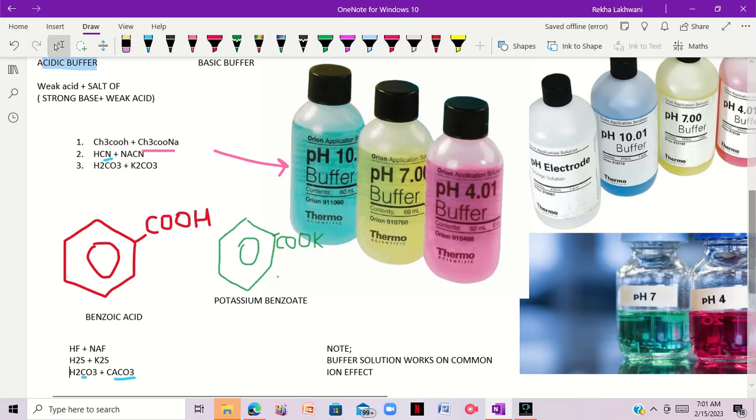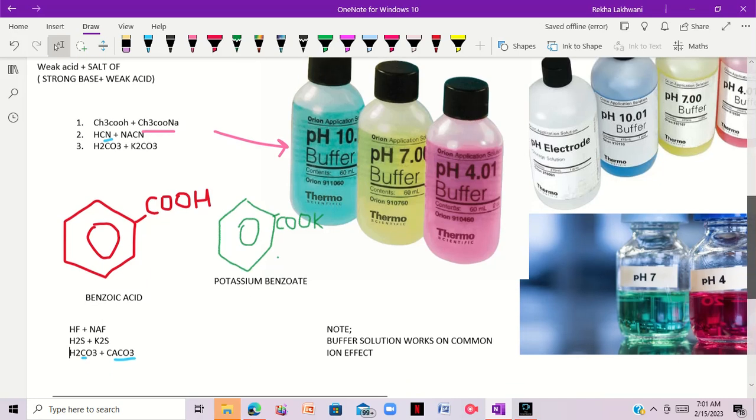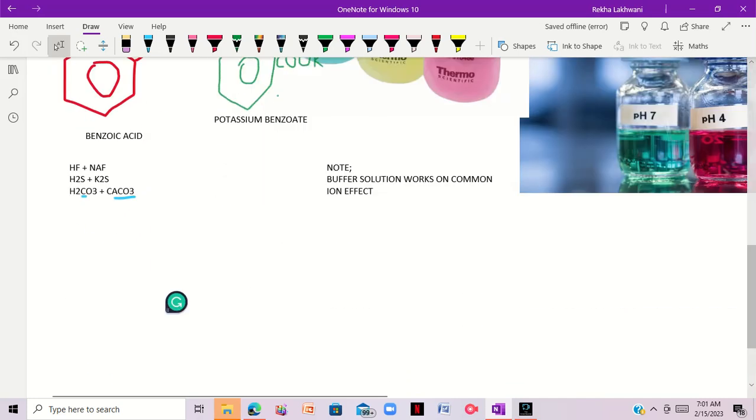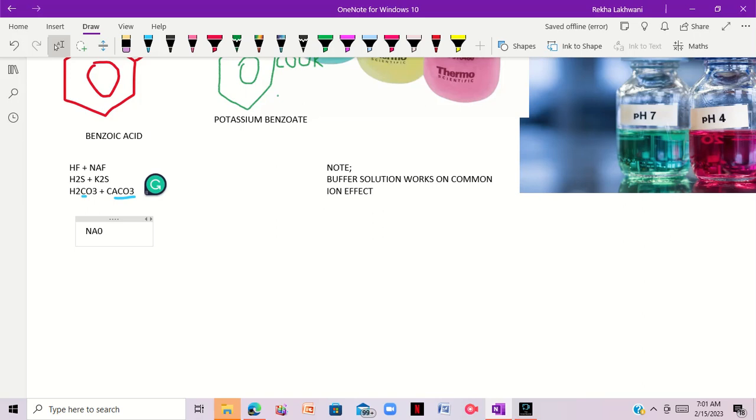Let's look into the indirect method. I have named it myself, nothing else. Let's have sodium hydroxide plus acetic acid.